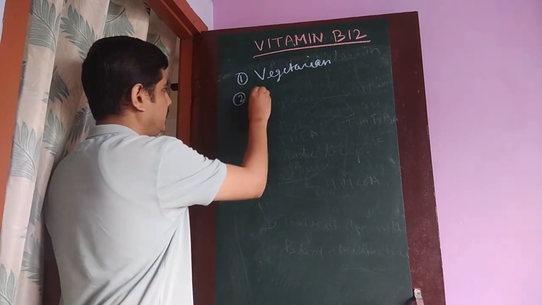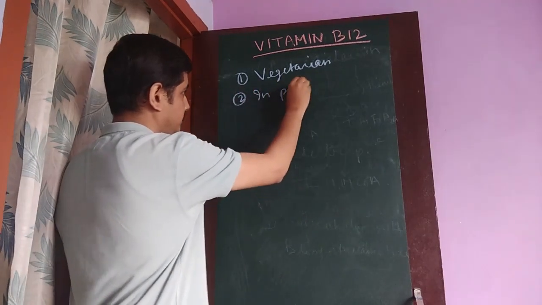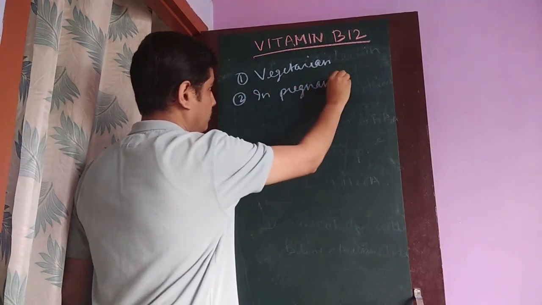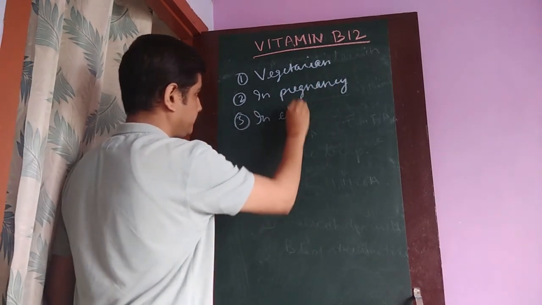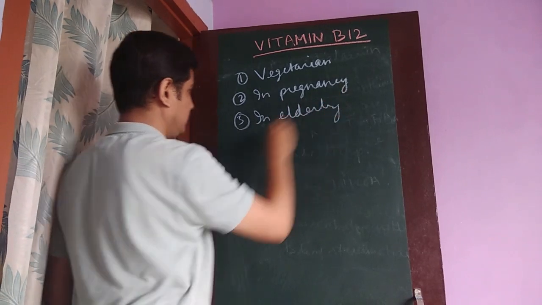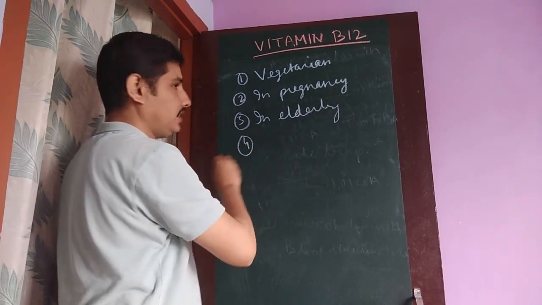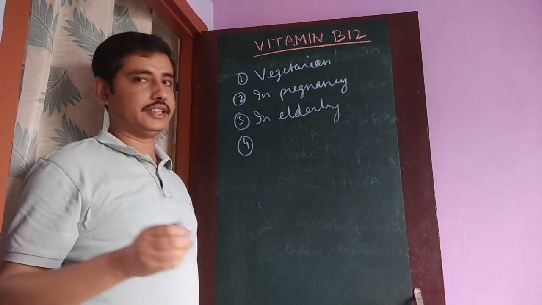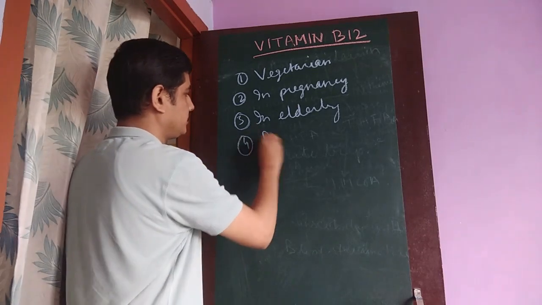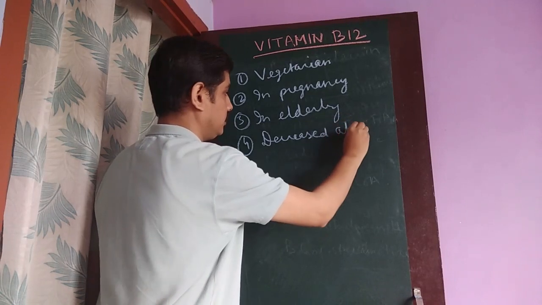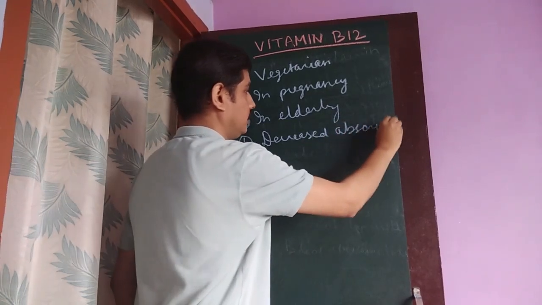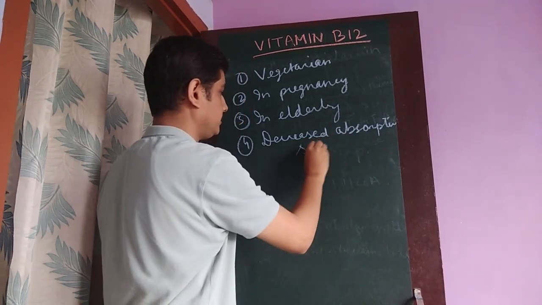Number 2, in pregnancy sometimes, along with malnutrition. In elderly persons, when their absorptive surfaces in the intestine or stomach are decreased.